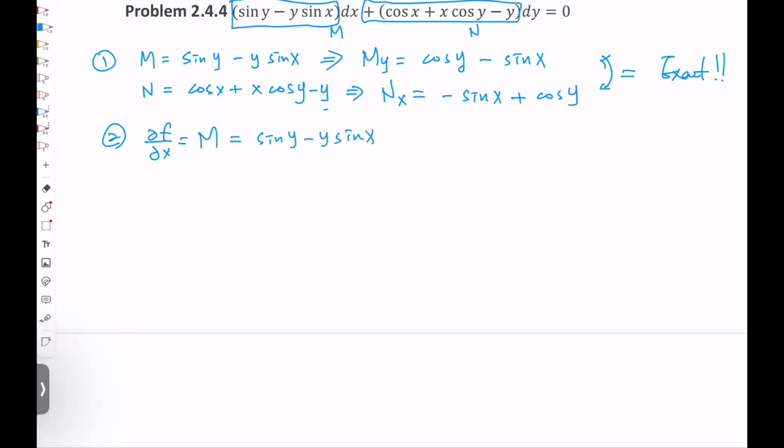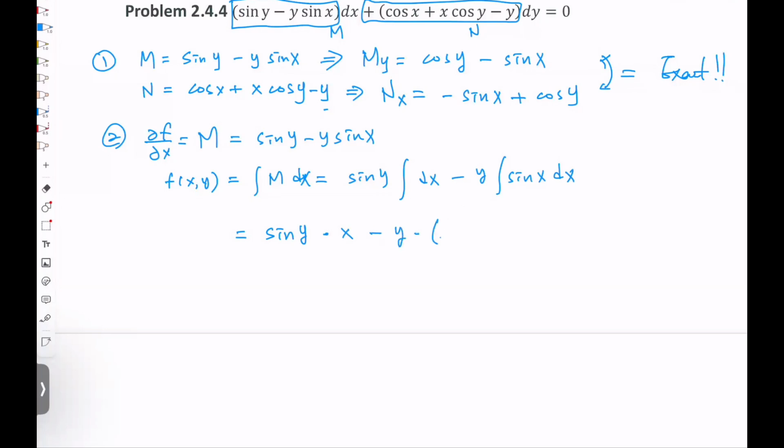Step number 2, partial derivative in terms of x equals M, that is sine y minus y sine x, and find f(x,y), that is the integral of M dx equals sine y integral dx minus y integral sine x dx, that is sine y times x, and then minus y times minus cosine x plus g of y.